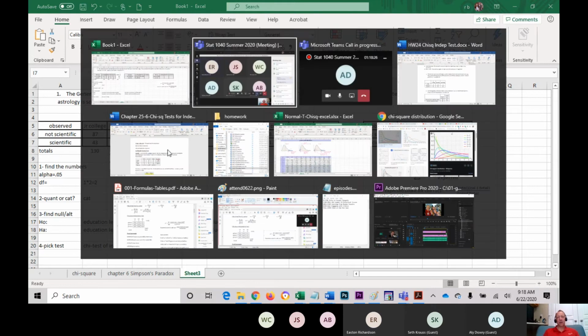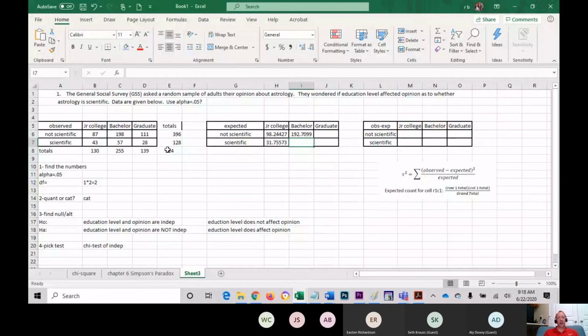Now it's Janie's turn. So we do the 396. Where am I on my table? Oh, we're in row 2, column 2. That's correct.